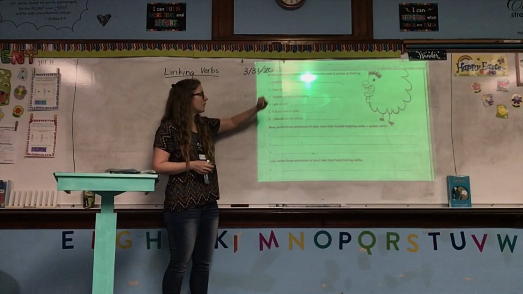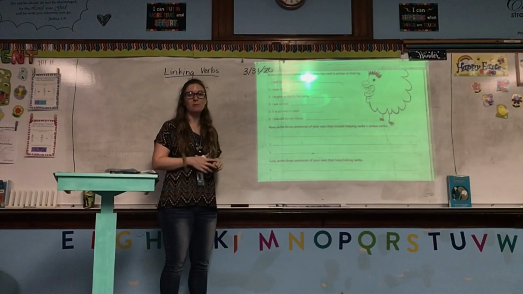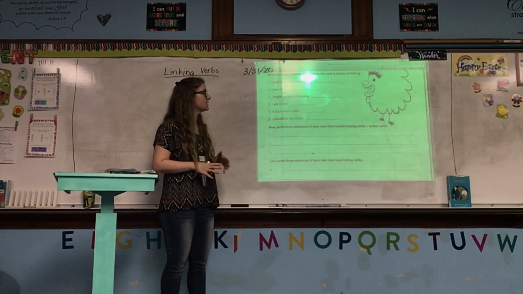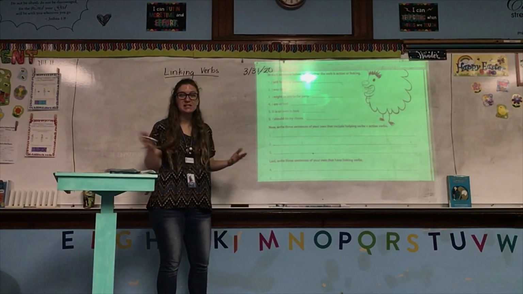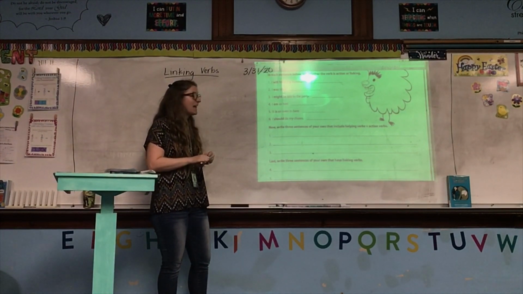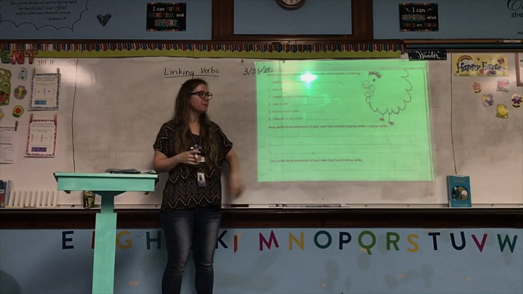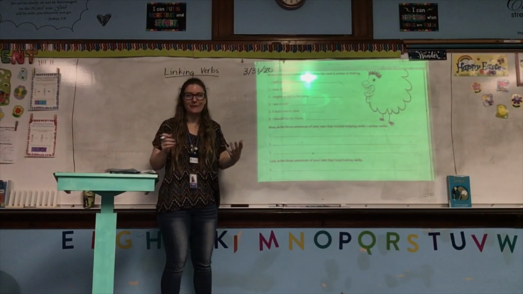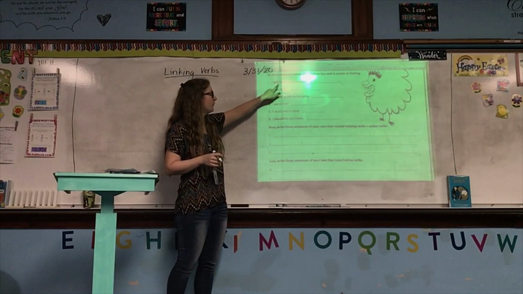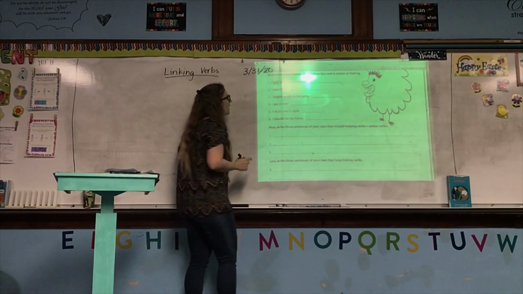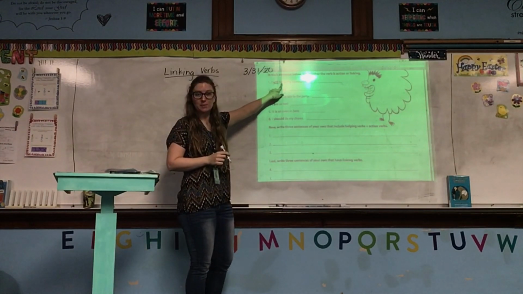So number one, we have to look at the bolded verb, and we have to say whether it is an action or if it's linking something to someone else. So basically what we're trying to figure out, is it a helping verb or is it an action verb? Or is it a linking verb? So number one, I will finish my homework. Well, we have the word will, and let's look at the word that comes right after it.